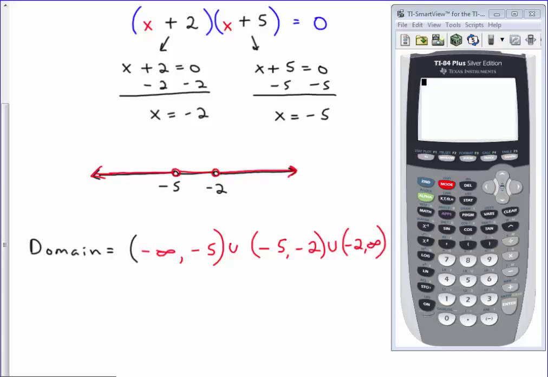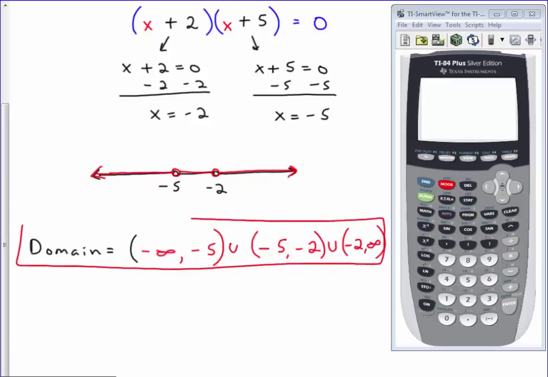Use parentheses around your negative 2 since it's not included. Also be sure to use parentheses around your infinities, both the positive and the negative, and this would be your domain. We see that this is a little more work than on the other problems, and our domain notation is a little more complicated. Now, that is all the work that you need to do for me on a test or in your homework.